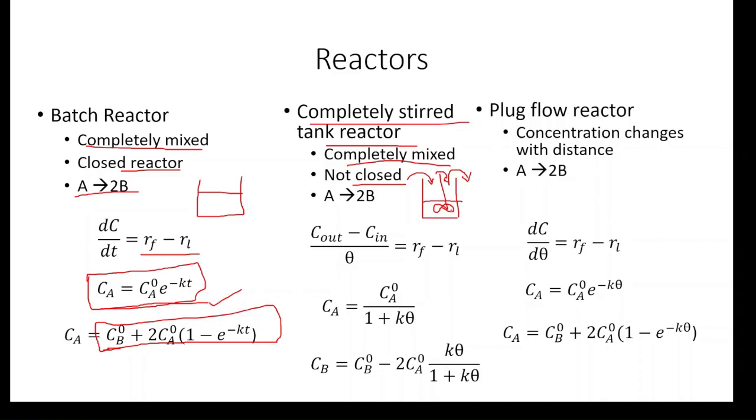So this is CSTR. And if A is changing to 2B, what is happening? C out minus C in by theta, where theta is HRT, hydraulic retention time, is equal to rF minus rL. Ca is equal to Ca naught over 1 plus k theta. And theta can also be written as V by Q. V means volume and Q means flow rate.